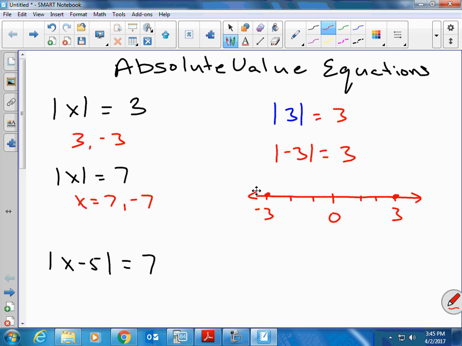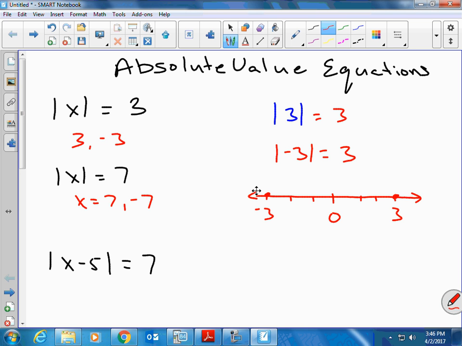So really, when I evaluate an absolute value, that expression inside the absolute value could be the number listed or the negative of the number listed. When I evaluate an absolute value, the expression that is inside the absolute value can equal the number or the negative of the number.